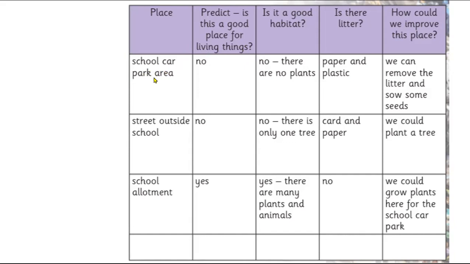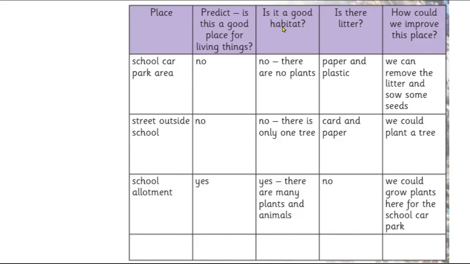School car and park areas are not good for living things. Okay, this is not a good place for living things. You have to predict because some parks do not have enough plants. Okay, but some parks are full of green, so animals can live and eat food, right? But the school car is not good for living things.